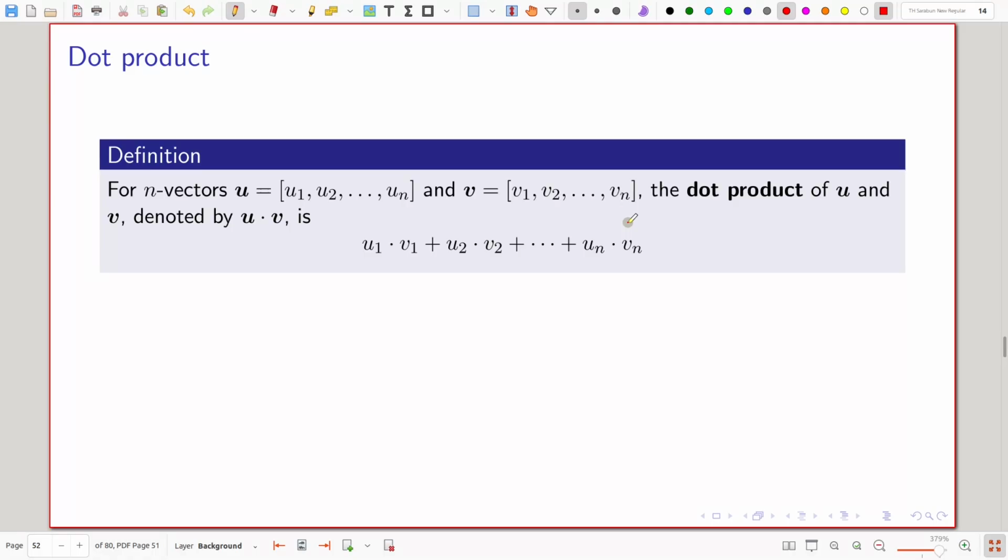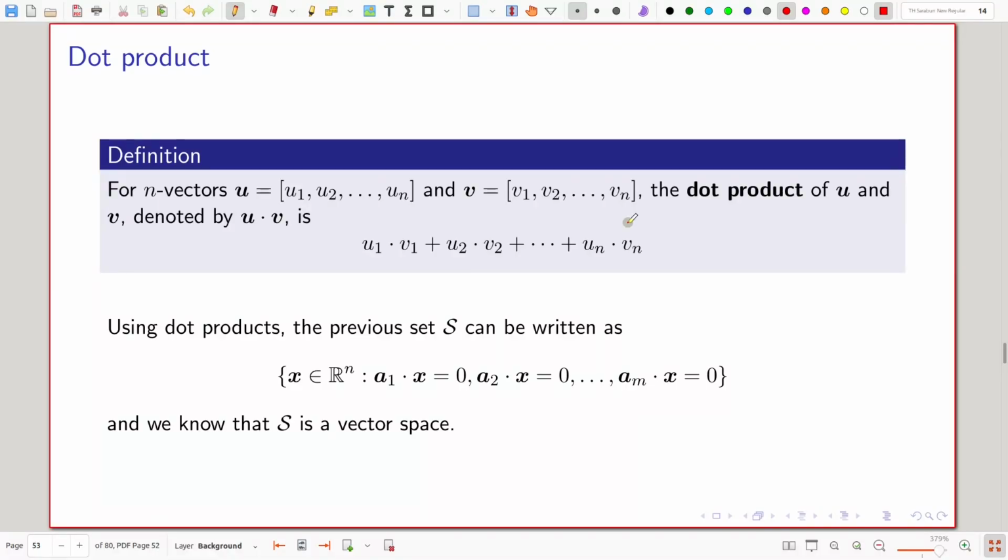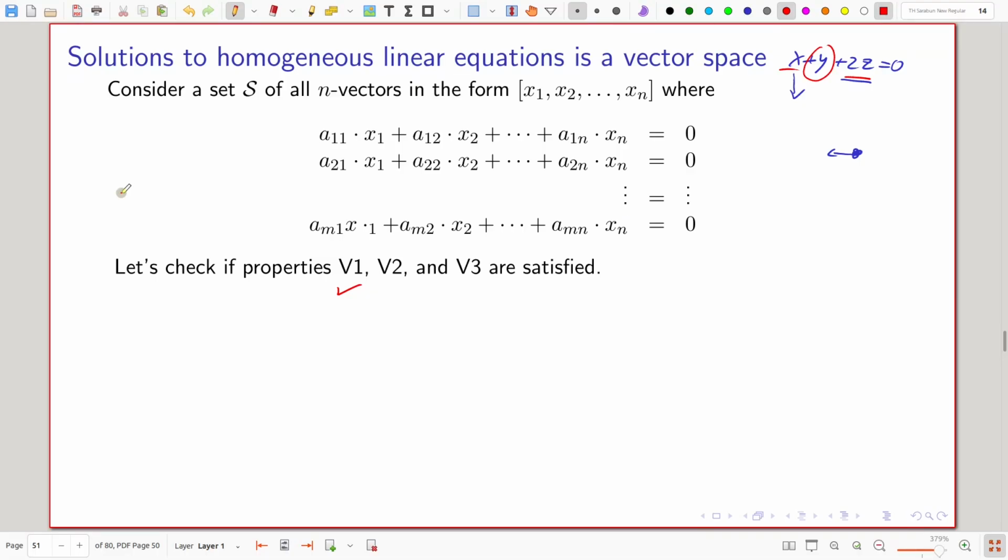If you have two vectors, a dot product is where you multiply each of the corresponding elements and add them up. So with the dot product, the first equation can be rewritten like this.